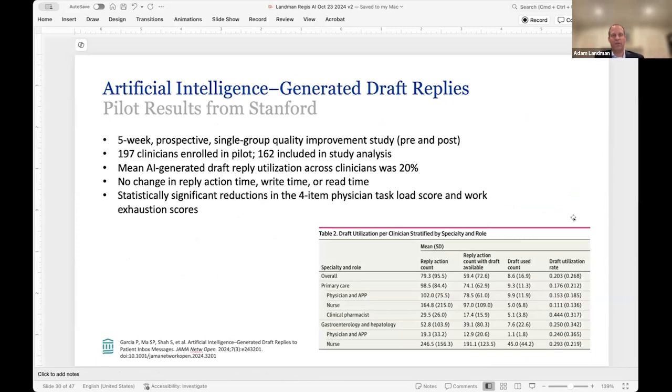They had 20% of their draft messages utilized, but still a very modest number considering the volume. They did, however, see some reduction in physician task load and work exhaustion. So I think that there's promise here, but we've got to continue to pilot, experiment, and figure out how to best use these tools to respond to the appropriate messages.